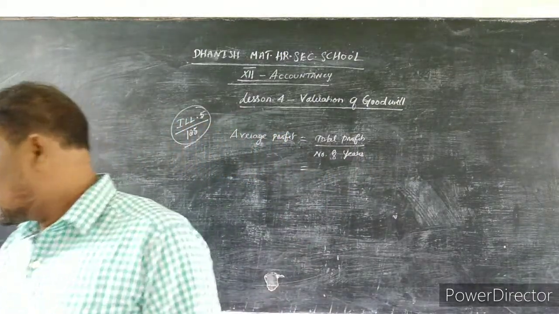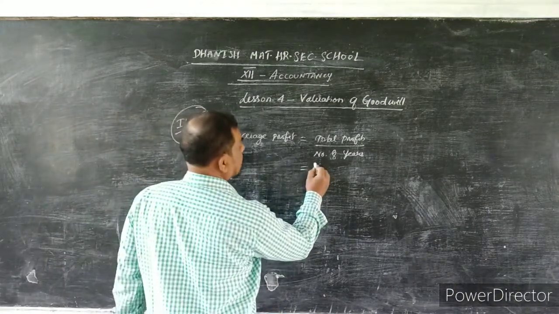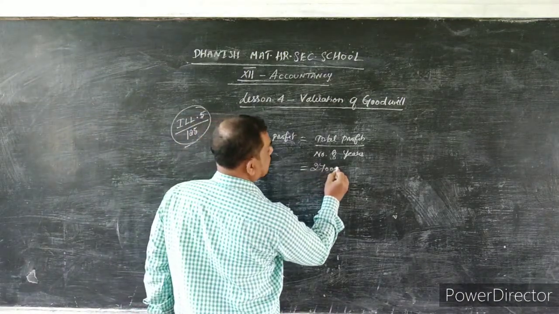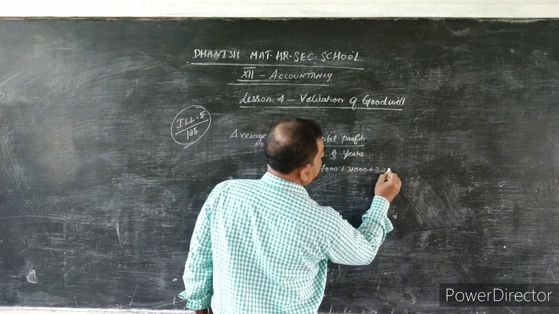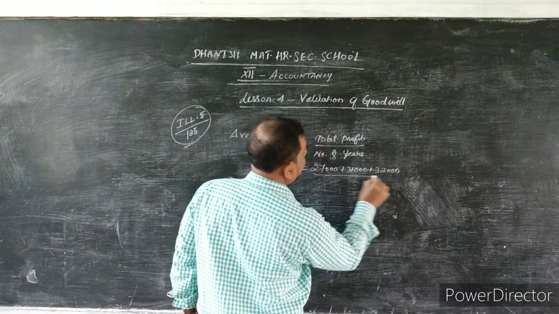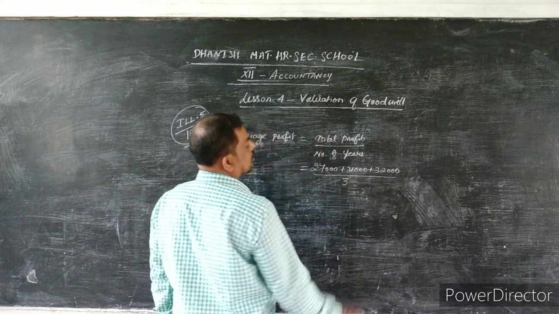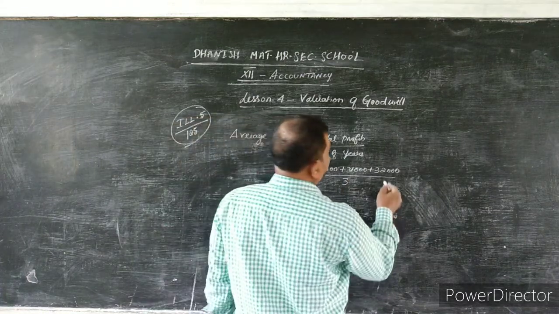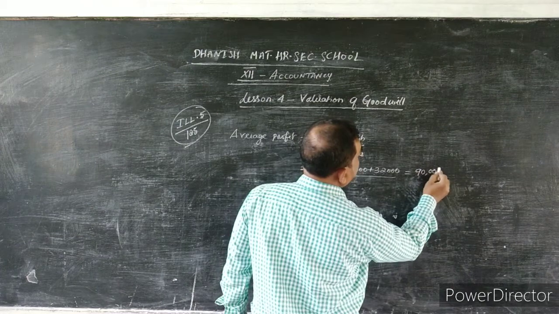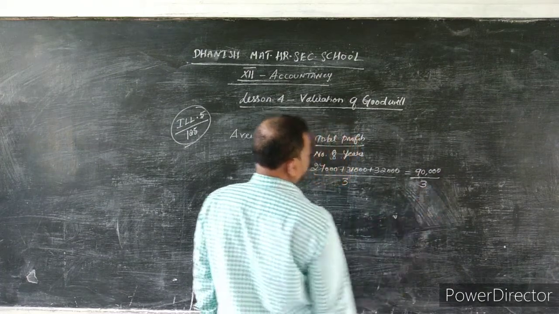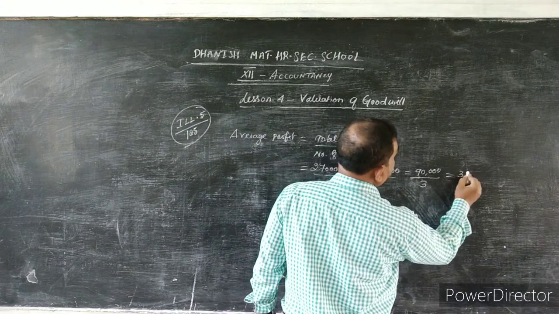The adjusted profits: 27,000 plus 31,000 plus 32,000, divided by 3. So 27 plus 31 is 58, 58 plus 32 is 90,000, divided by 3. That is equal to rupees 30,000.